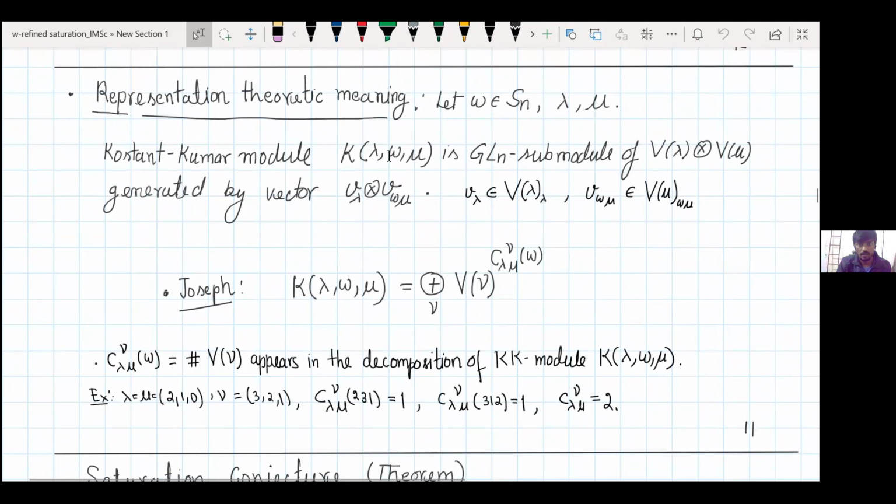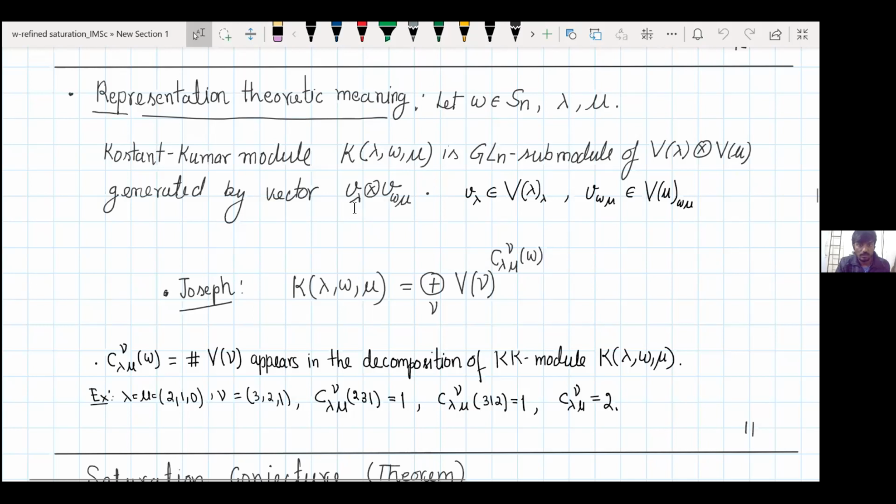So this refined Littlewood-Richardson coefficient also has a representation-theoretic meaning, like the Littlewood-Richardson coefficient. Let W be a permutation in S_n and lambda, mu two partitions. There is a so-called GL_n submodule of the tensor product V lambda tensor V mu, which we call the Kostant-Kumar module, denoted K lambda W mu.